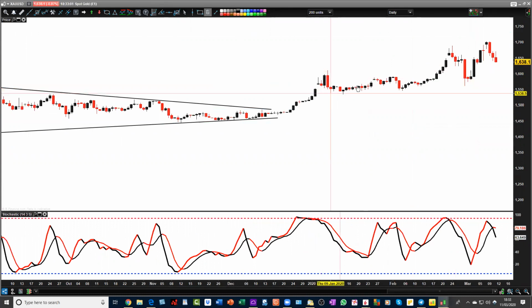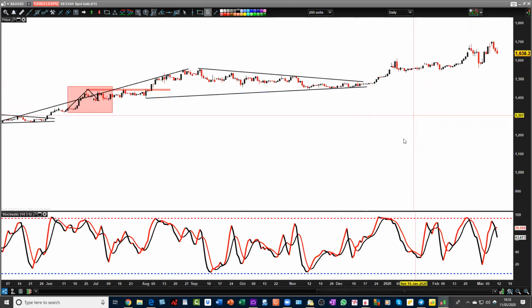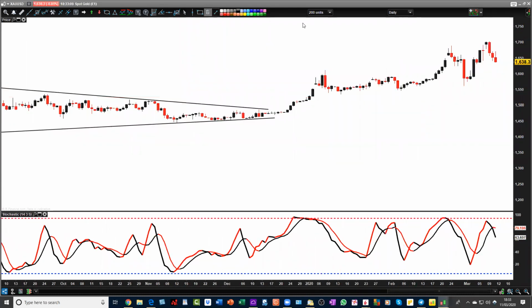So a nice breakout in December last year. So we are way too high up there at the moment. So I think we could potentially come and see 1575 or lower. Wow, we're just getting a massive bounce in the Dow at the moment.